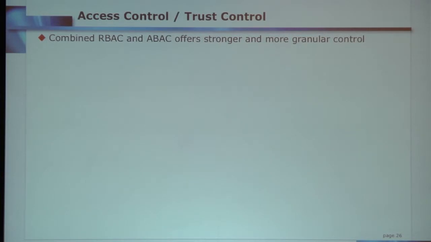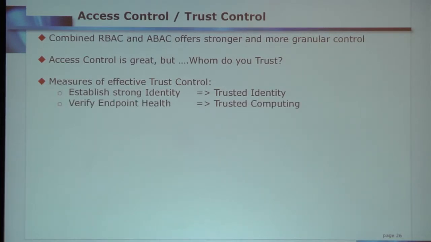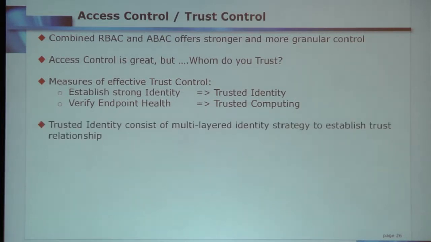So combining role-based and attribute-based access control obviously offers a stronger and more granular level of control. So in that sense, access control is great. But of course, a big question is, who do you trust? So the measures of effective trust control are essentially establishing a strong identity, which is addressed in the realm of trusted identity, and verifying endpoint health, which is addressed within the realm of trusted computing.